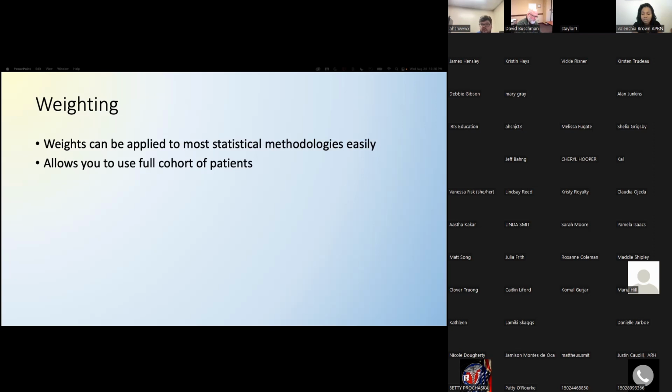Like we had 96 COPD patients. If we did matching, we would end up with 192 total patients in our cohort, because we'd have 96 matched COPD patients and 96 matched non-COPD patients. So you can use the full cohort if you use inverse propensity score weights or other. There's many different ways you could use weighting as well.